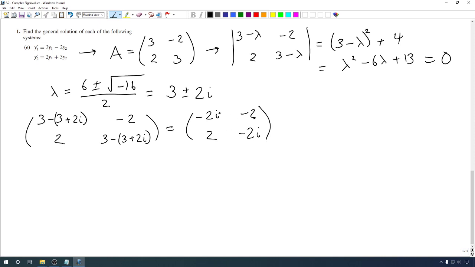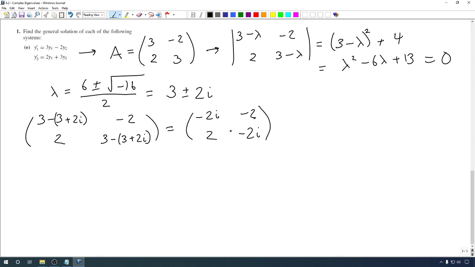And I claim here that the first row and the second row are multiples of each other. In fact, if you were to take this first row and multiply it by i, what happens? Well, obviously the -2 becomes a -2i. -2i times i, well, the i times i becomes a -1. So that cancels out the negative we have there and leaves us with a 2.